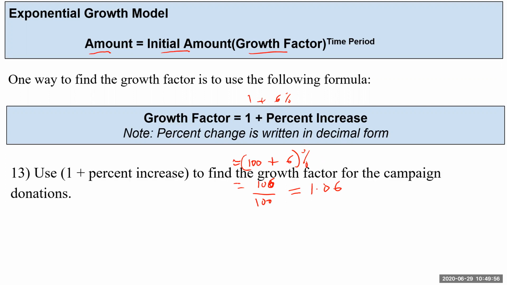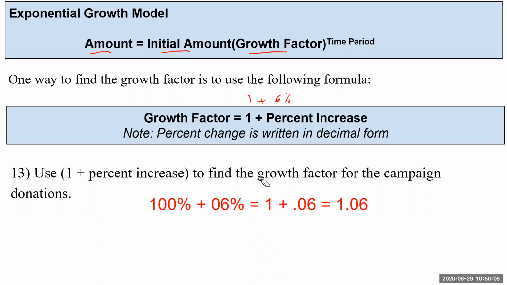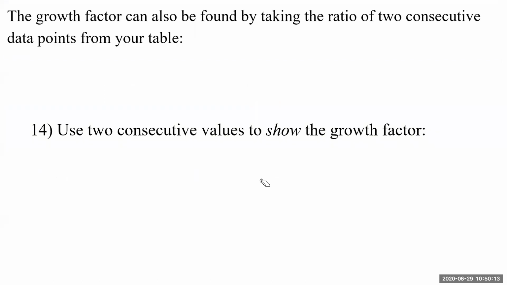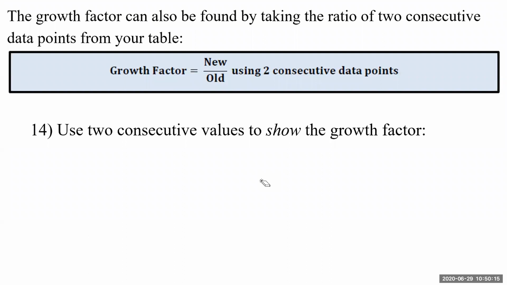Now, there's another formula that will be used, and we will look at that as well, how you can use that when you have consecutive numbers to find the relative change. Use 1 plus that to find the growth factor for the donations, and that is what we did, okay? Now, the growth factor can also be found when you don't have the percentage, but you have consecutive numbers. You can use the new value over the old to find the growth factor, and we shall look at examples of that, okay?